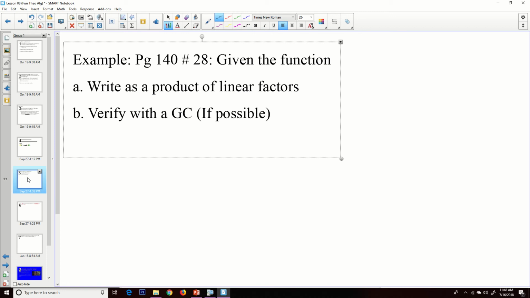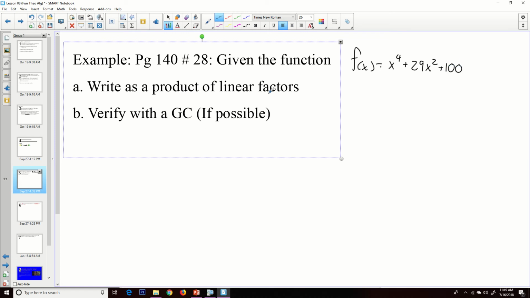On to examples. We have a couple of examples. Page 340, number 28, given the function, and it looks like I forgot to write that function out, so let me do that right now. F of x is equal to x to the fourth plus 29x squared plus 100.